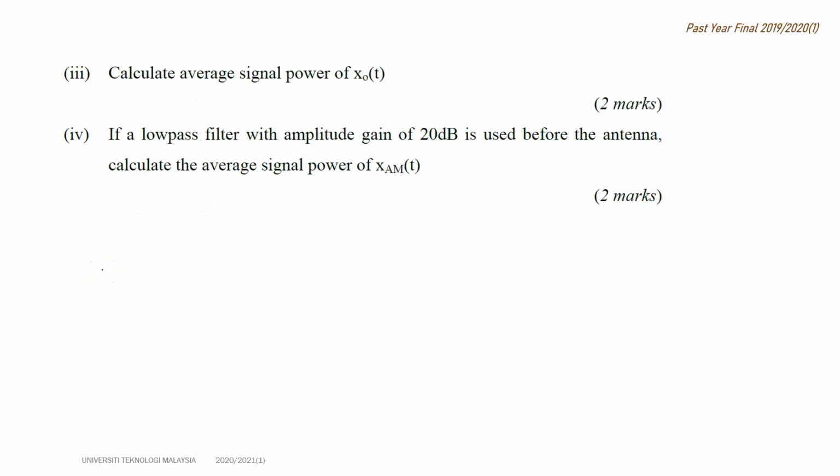Okay, so for question B3 here, we just use the Parseval theorem. For the Parseval theorem, we use the formula for the single-sided spectrum: C0 squared plus 1 over 2 times the summation from n equal to 1 to infinity of Cn squared. From here, we put in the value for C0 squared, but for xo(t), there is no value for C0 squared.